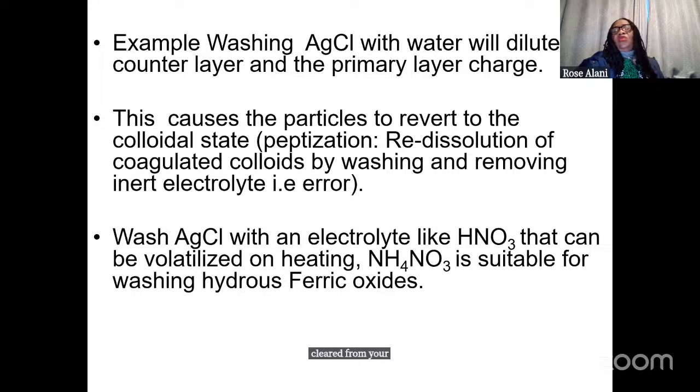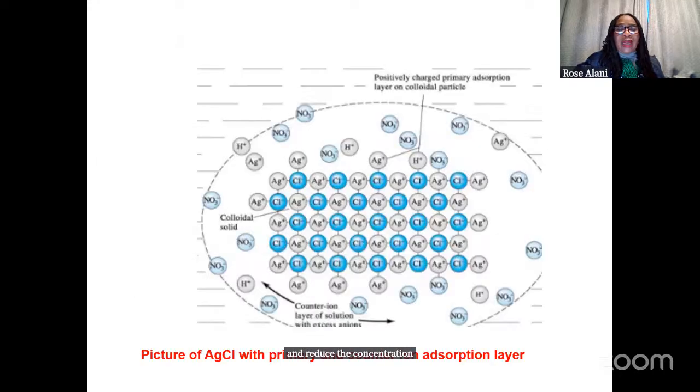So you know that what you're finally weighing is nothing added to your precipitate, just your precipitate, and not something that will dilute it and reduce the concentration from what you're supposed to have. So the counter ion, I've already explained it.